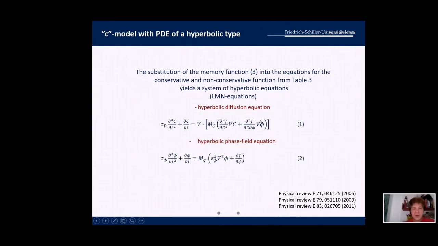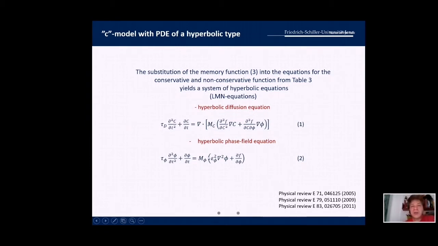These right-hand sides characterize propagation of concentration and also of the field phi.